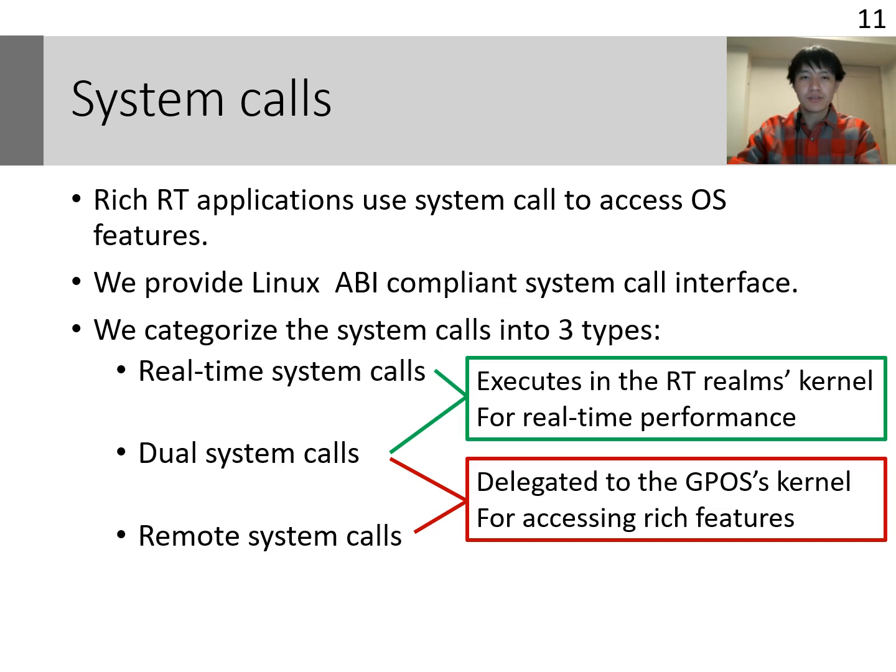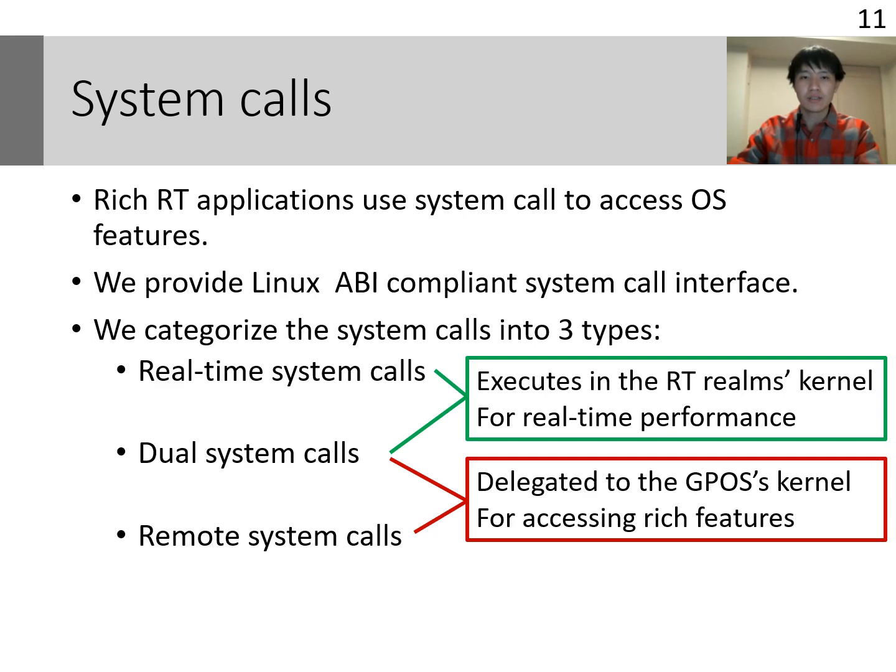The rich real-time process, executing like a typical process, uses system calls to interact with the operating system. We provide the same system call interface as Linux to comply with the API compatibility. System calls are executed in the real-time rhythm or the normal rhythm, or both, according to their semantics.